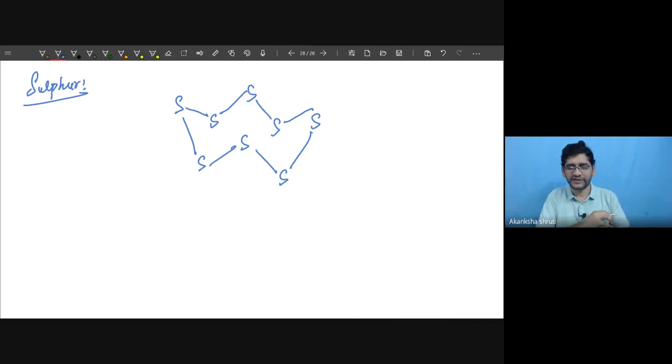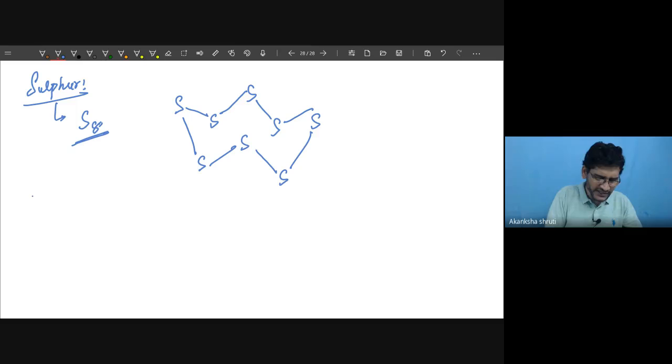How many sulfur atoms are there? 1, 2, 3, 4, 5, 6, 7, 8. Yes, 8. Like our S8. For satisfying valency, it can also attach with hydrogen and other elements.